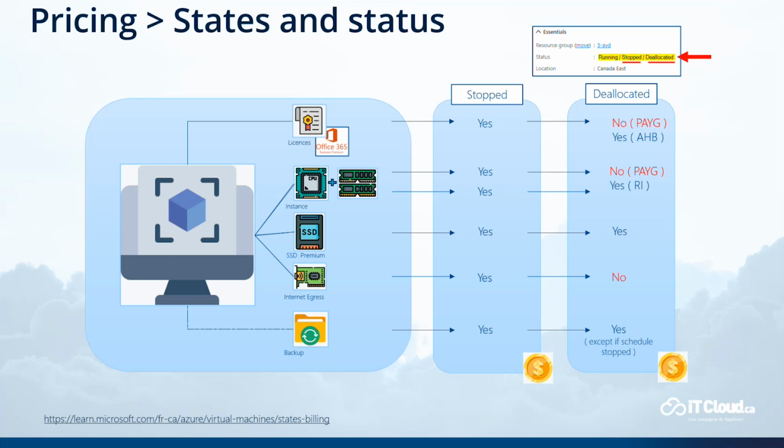Important point here. Don't forget about the B family, the B type of VM. This type of VM is burstable and works with credit. When we reboot the VM, all the accumulated credit will be lost and you will restart from the beginning, because each VM has a minimum of credit in the wallet.